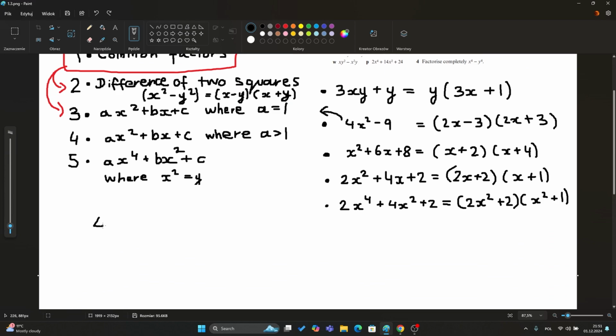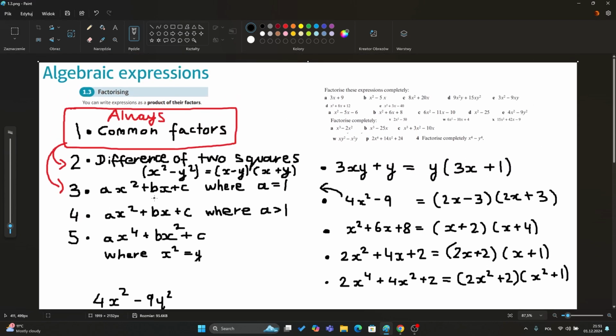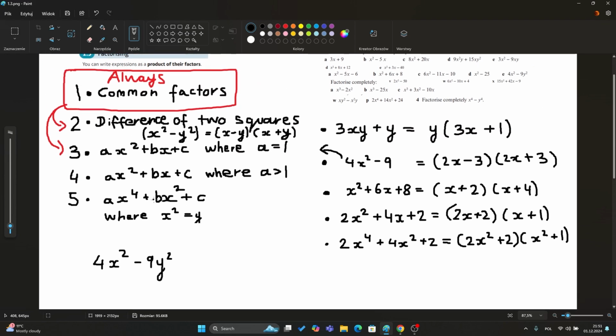And now we have another. First of all, we look at the common factors, and there are no common factors of 4x squared and 9y squared. So we go into saying is it difference of two squares, or is it ax squared plus bx plus c. Well, it is not ax squared plus bx plus c, so it must be difference of two squares.